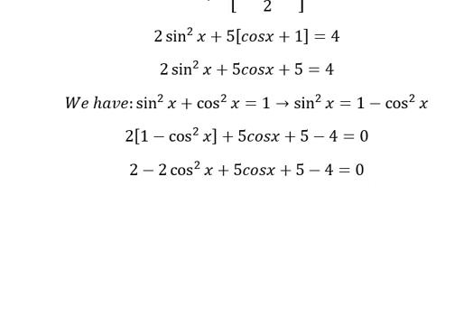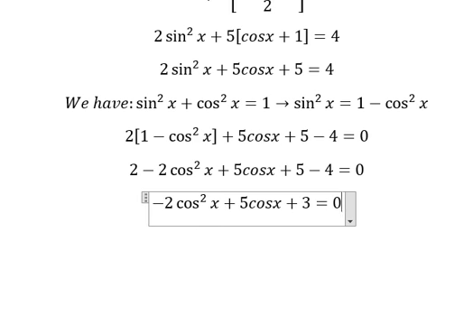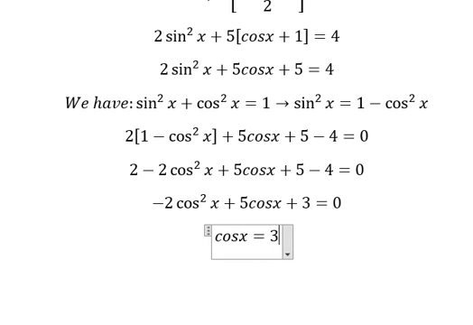And now we simplify everything. You will get negative 2 cosine x squared plus 5 cosine x, 5 minus 4 plus 2. You get number 3. Now we can calculate the solution of cosine x. So we get cosine x equals number 3.